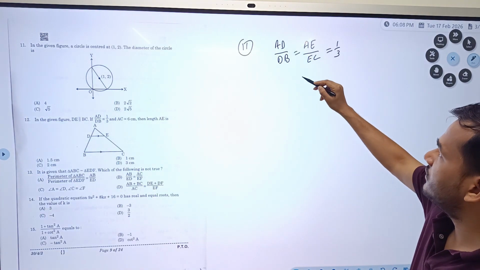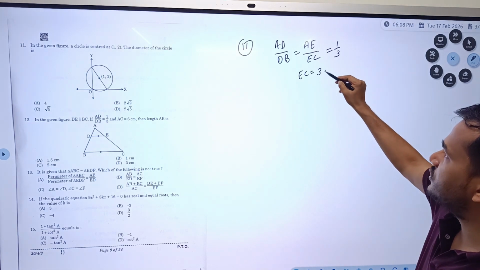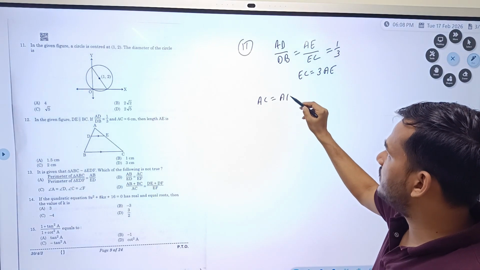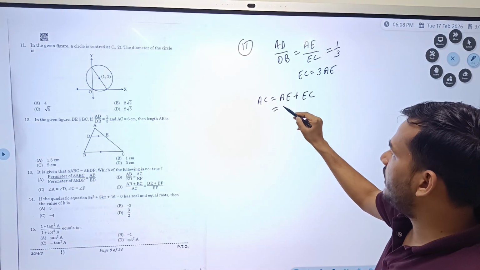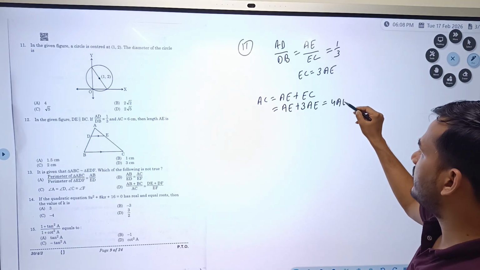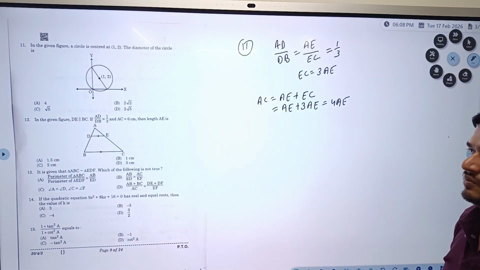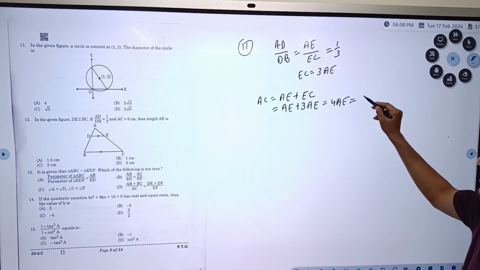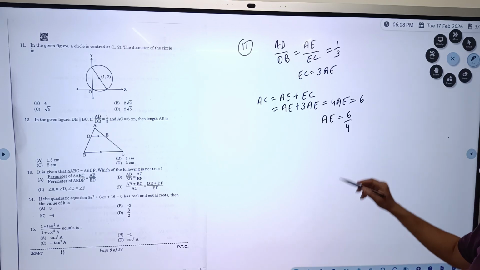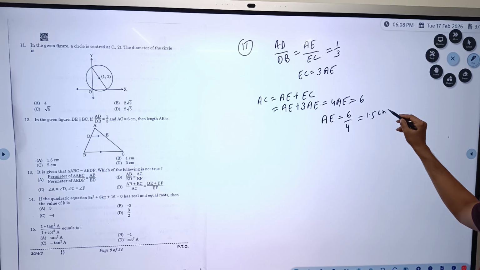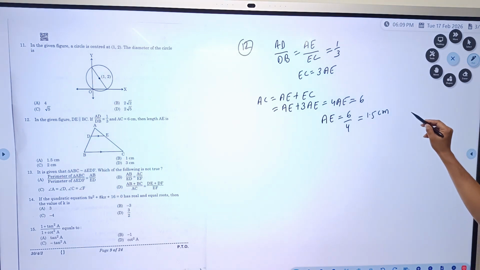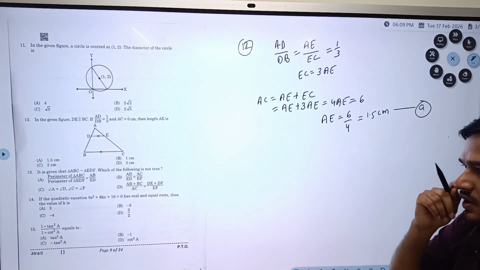So EC is equal to 3 times AE, and we know that AC is equal to AE plus EC. So AE plus 3AE equal to 4AE. 4AE is equal to AC, which is given as 6. So AE is equal to 6 by 4, and that is 1.5 centimeter. So this is question number 12, option A.